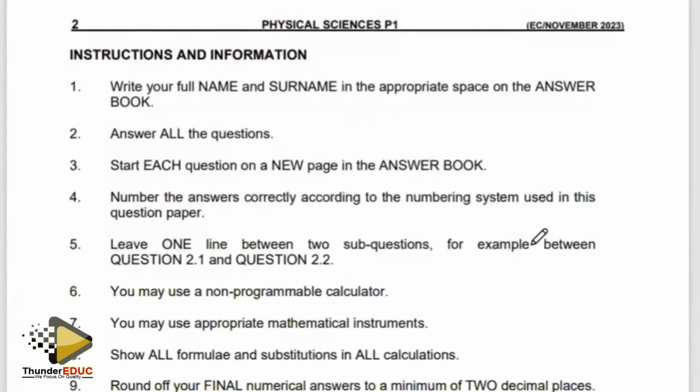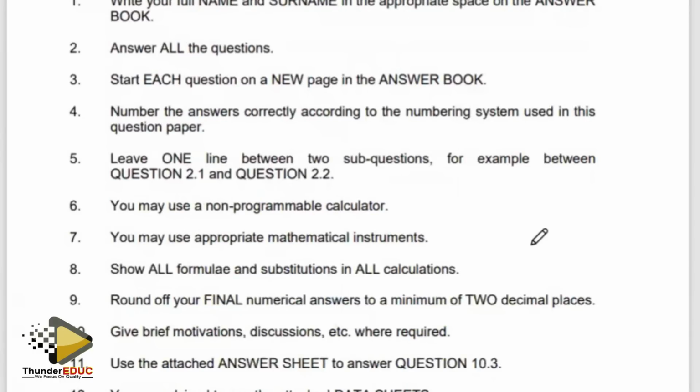So the format of the paper is we have instructions and information whereby all questions must be answered. Every section should be started on a new page. Number your answers correctly according to the numbering system used within the question paper, and space your work.